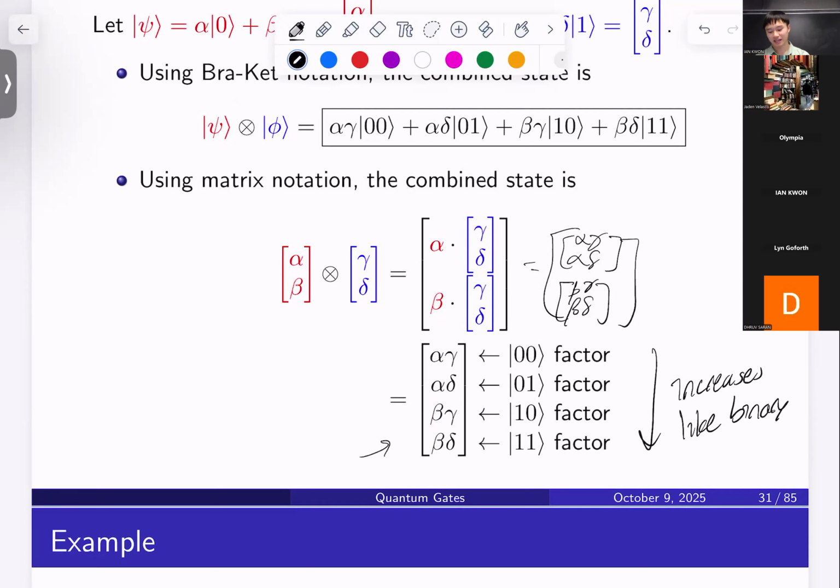So kind of read it down like that. One thing that might be important for us later on is that the left qubit's value is the most significant bit, right? Just like in normal counting, when we count up, the left value has the largest power of 10 corresponding to it. So does it make sense to everyone? The tensor product, Kronecker product?